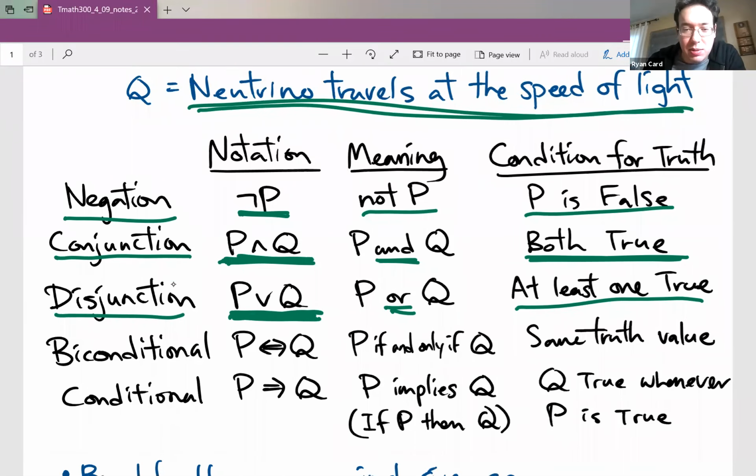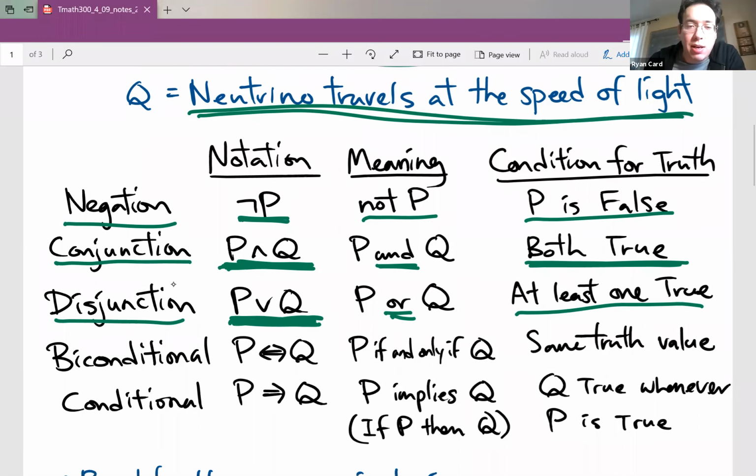So that's an exclusive or. An example of an inclusive or might be something like a job ad that says, hey, applicant must have 2 years of experience or must speak Spanish fluently.